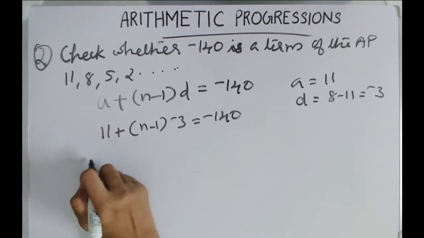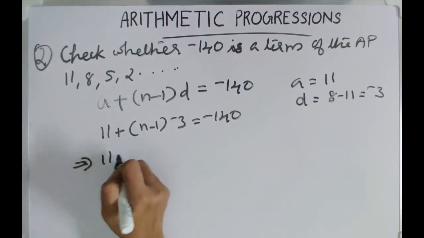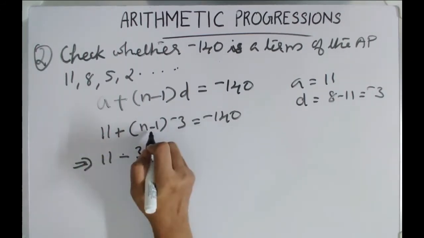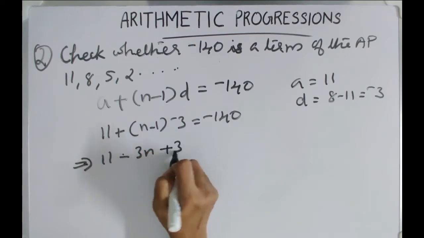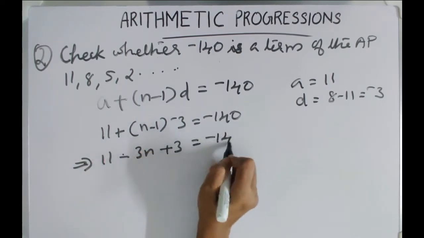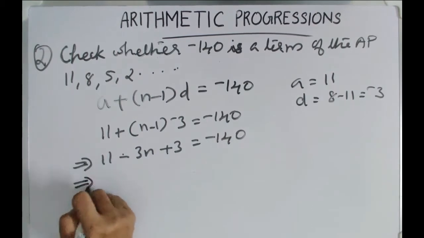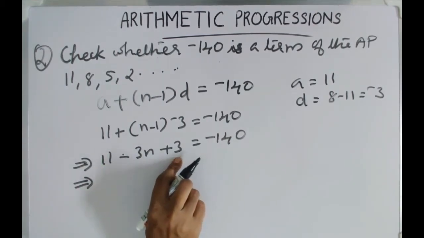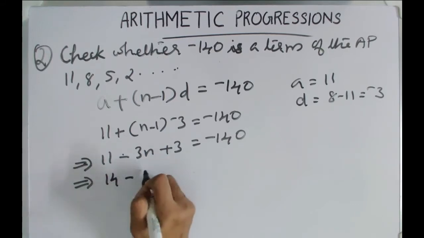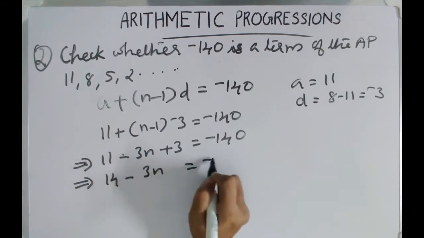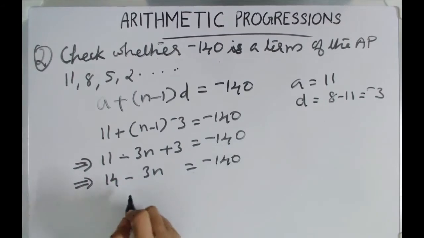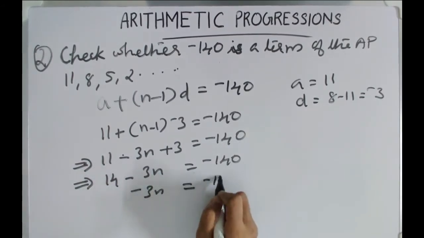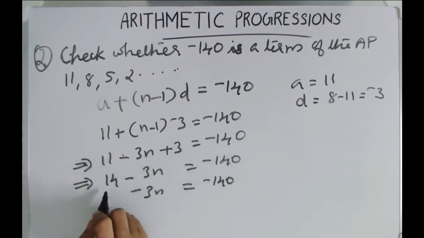That implies 11 minus 3 into n is minus 3n. Minus 3 into minus 1 is plus 3, equals minus 140. This implies 11 plus 3, that is 14, minus 3n equals minus 140.